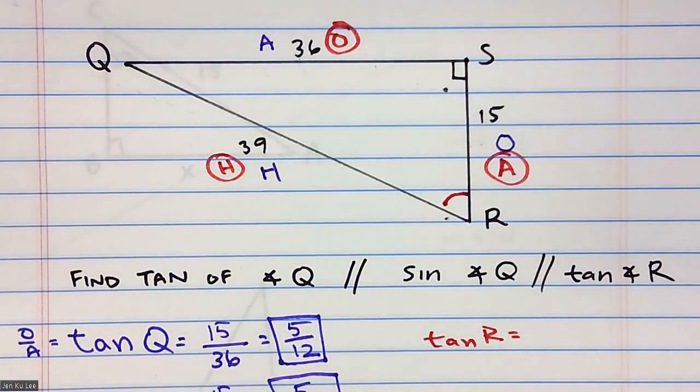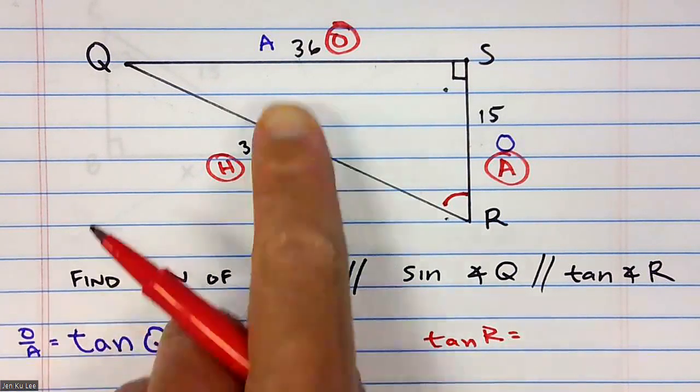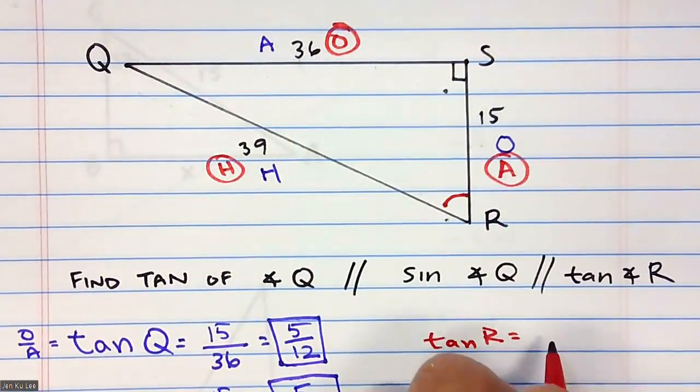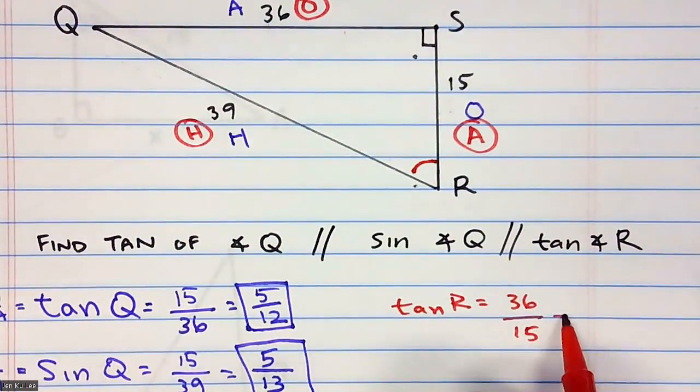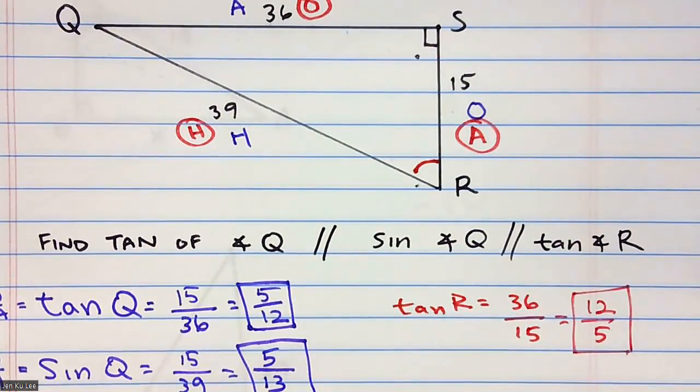Tangent again is TOA, so O over A, right? Opposite over adjacent. So that's 36 over 15, which is 12 over 5. Okay?